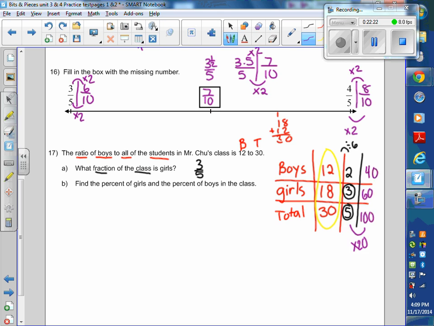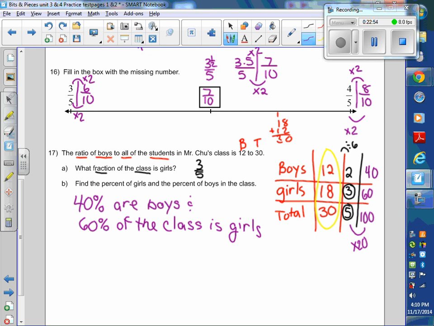So 40% are boys, and 60% of the class is girls.